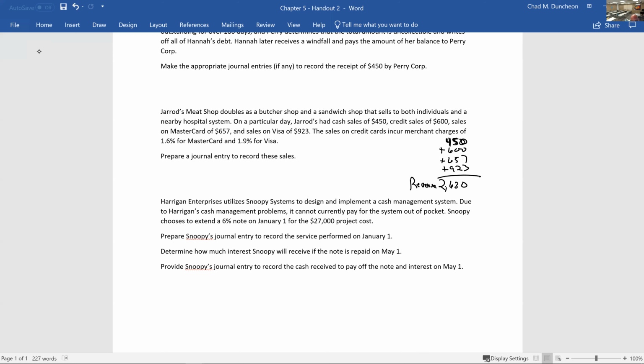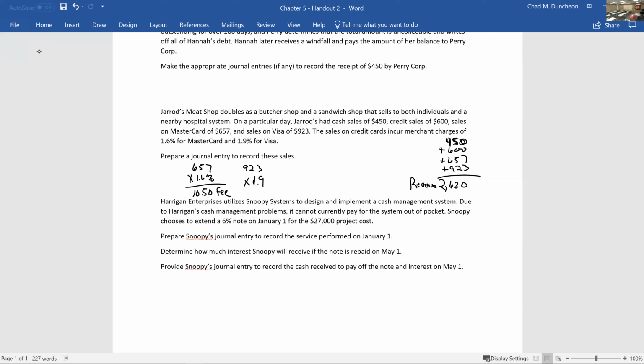Okay, so then we look at the MasterCard and the Visas. MasterCard had 657 in sales, and the Visa had 923. Well, we take the 657, multiply it by 1.6% or times 0.016. We're going to round off. We're going to say there was a $10.50 fee. For the 923, it was 1.9%.